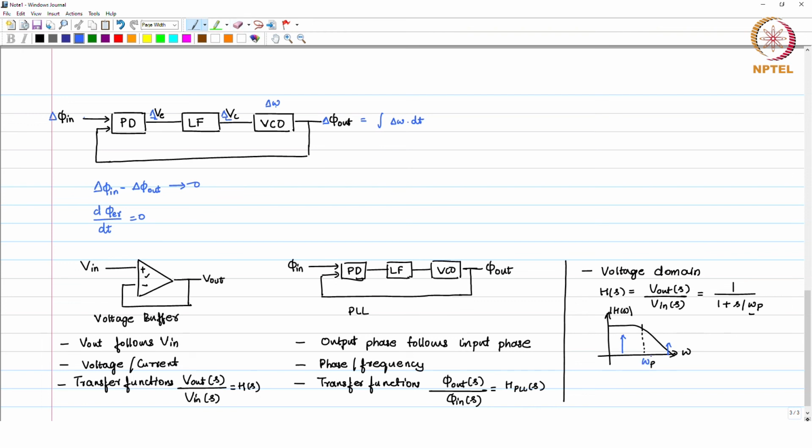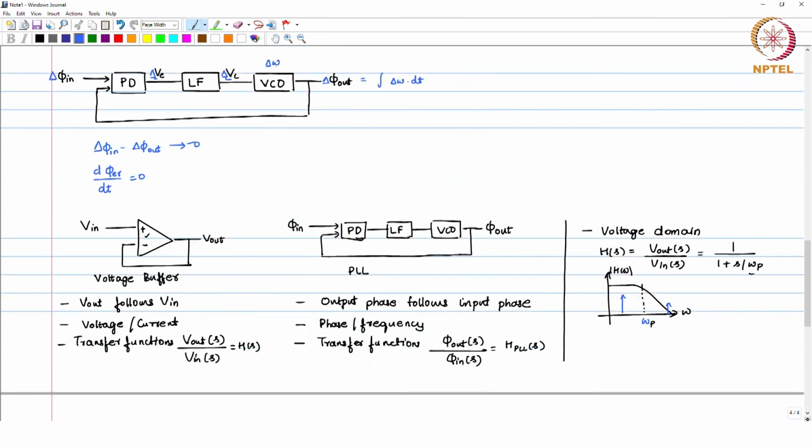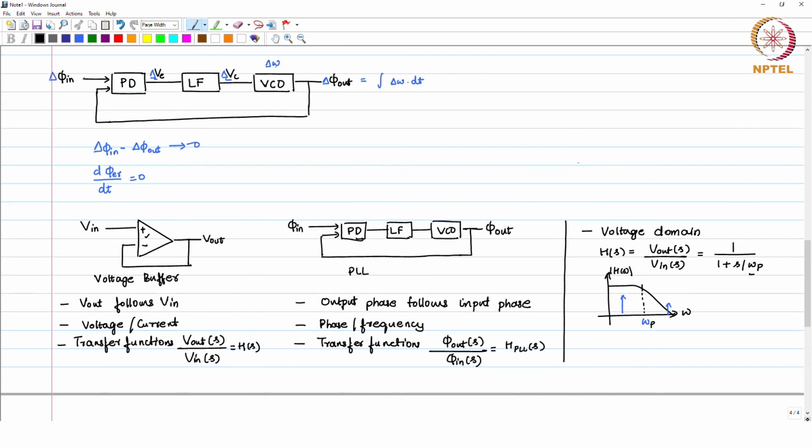Or you can say, if you apply any change at the input which is within the bandwidth of this transfer function, that will come at the output, whereas if you apply any input outside the bandwidth, that will be rejected by the filter.